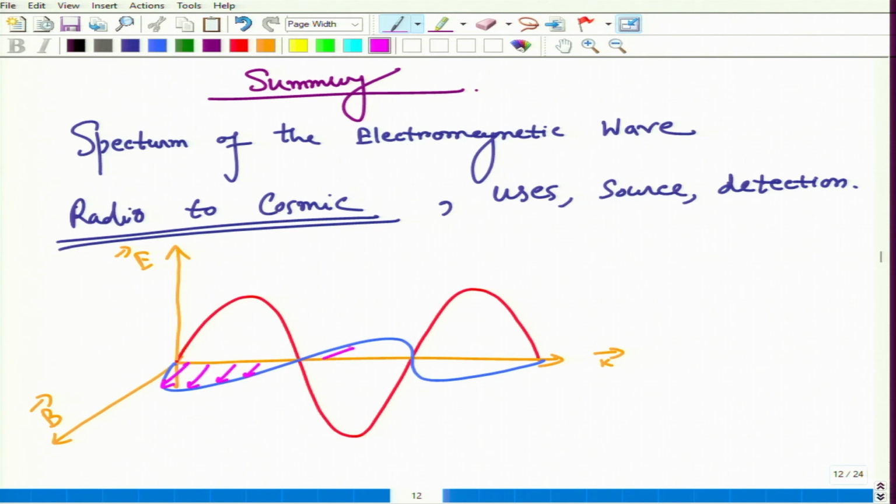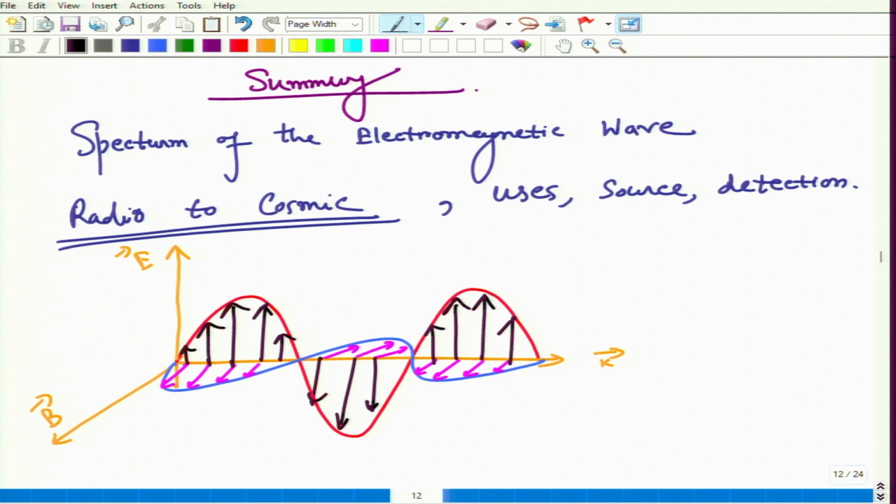On this y axis there is magnetic field, not this color. So this is our electromagnetic wave. Okay, so I don't think anything is left. I have discussed all the important topics of this chapter, electromagnetic waves.